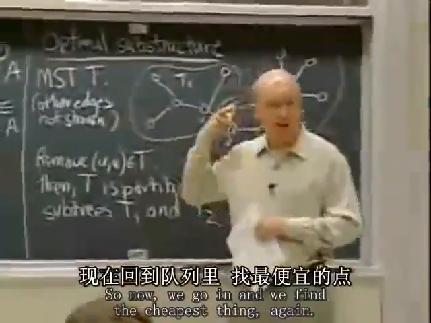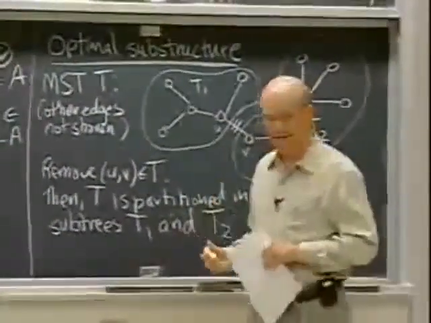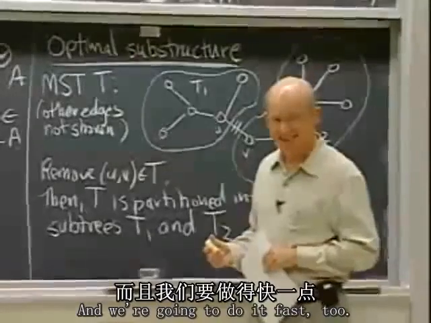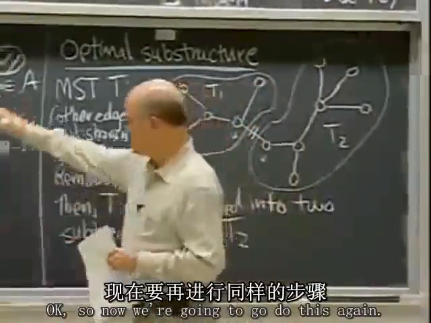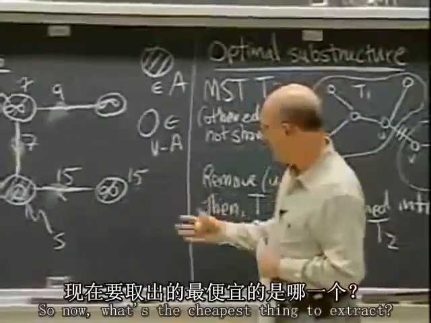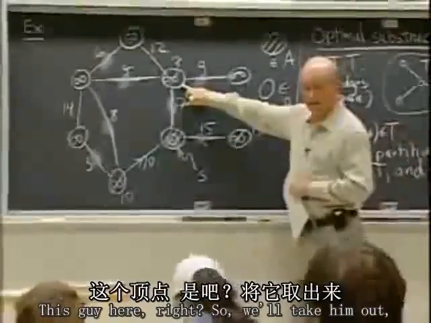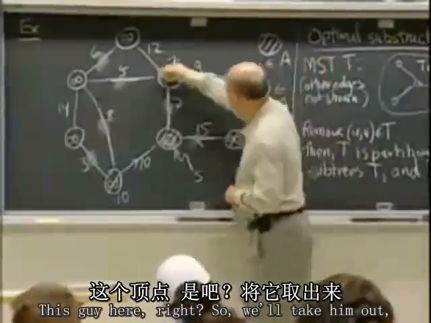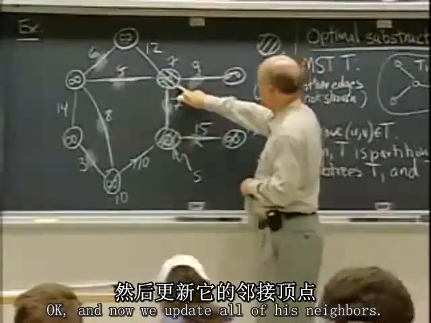So now we go in and we find the cheapest thing again. And we're going to do it fast, too. This is a fast algorithm. So now what's the cheapest thing to extract? This guy here, right? So we'll take him out, and now we update all his neighbors.